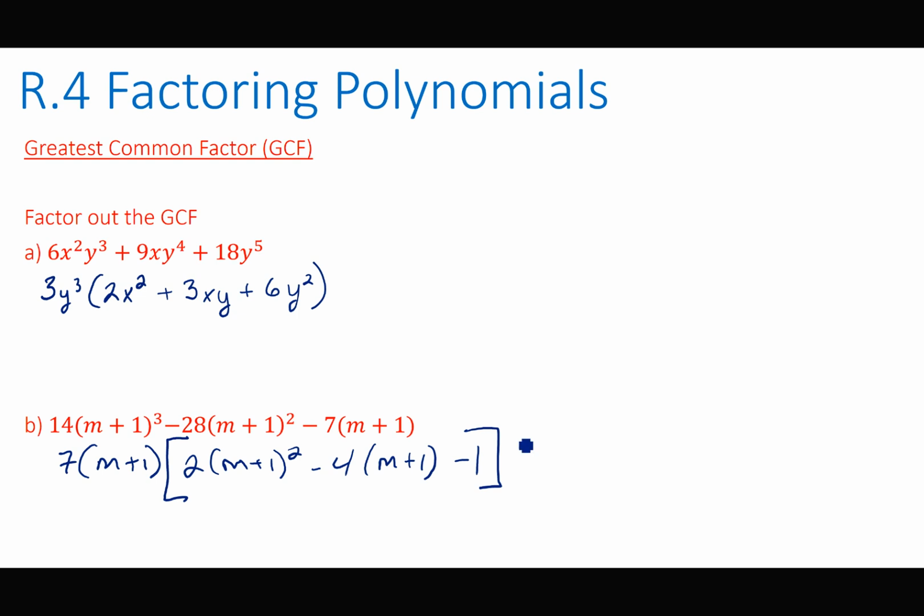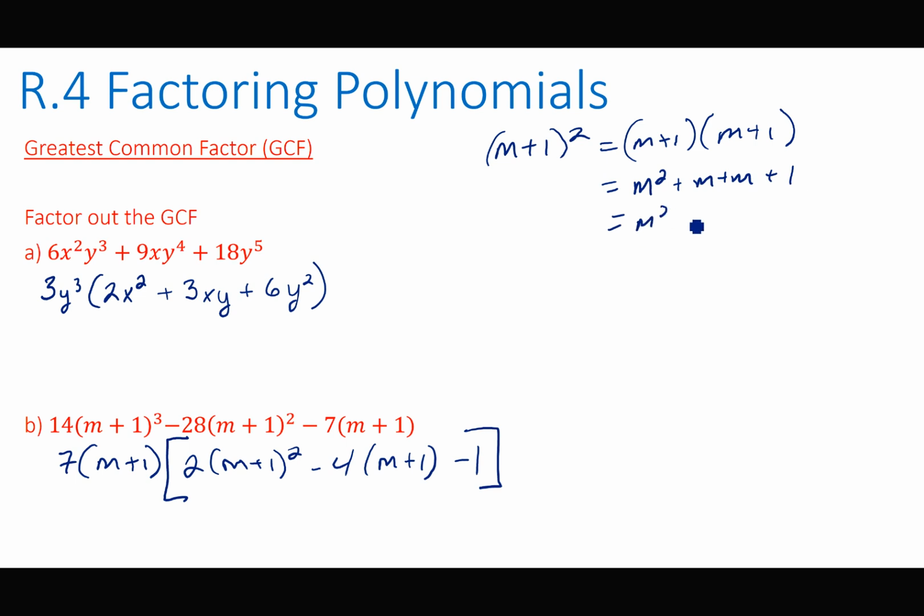All right, let's do a little simplifying. So m plus 1 squared. Well, we know that's m plus 1 times m plus 1. So that ends up being m squared plus m plus m plus 1.